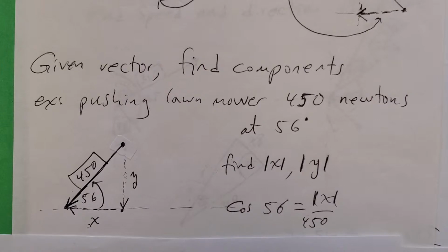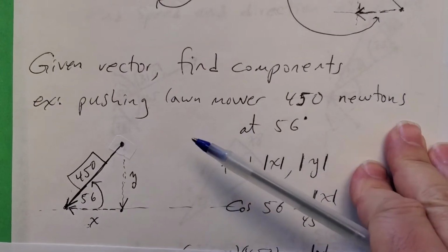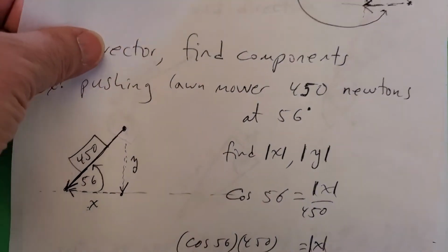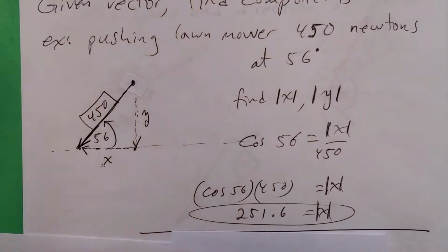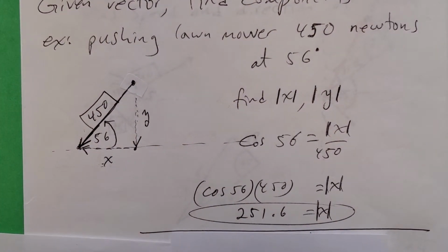So cosine of the angle equals x over 450, do the math, and you get 251.6. So x is 251.6 newtons. Keep in mind the units that we're using, newtons.